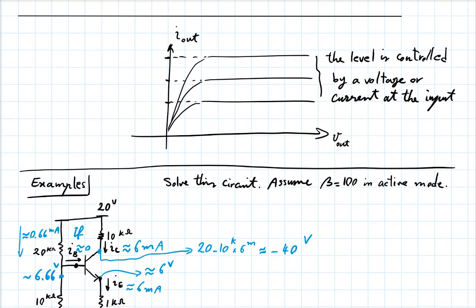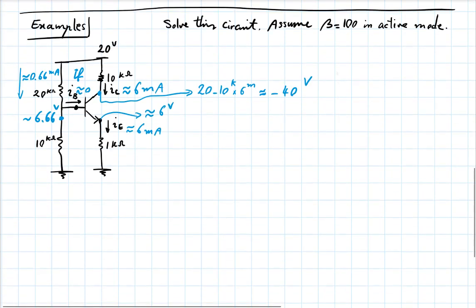The collector emitter voltage had to be, in the case of the BJT, greater than approximately 0.4 volts. What is my collector emitter voltage here?